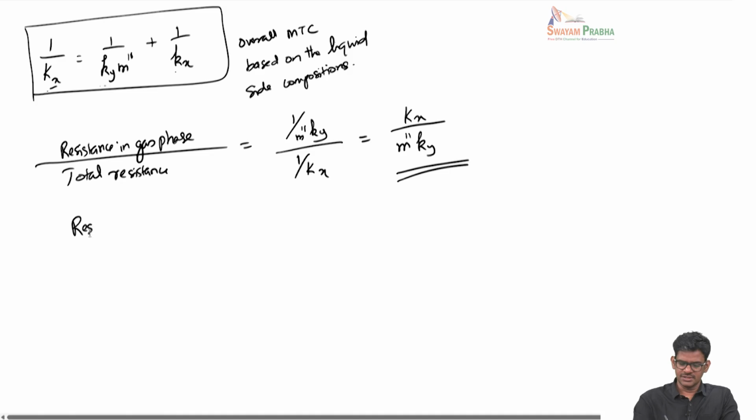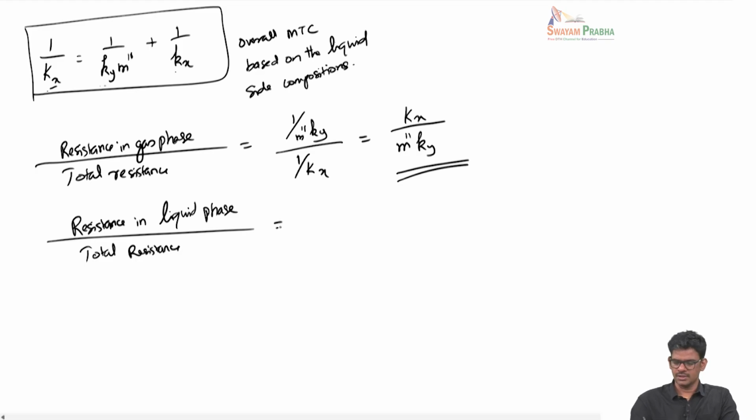Similarly, resistance in liquid phase over total resistance is 1 by small kx divided by 1 by capital Kx.